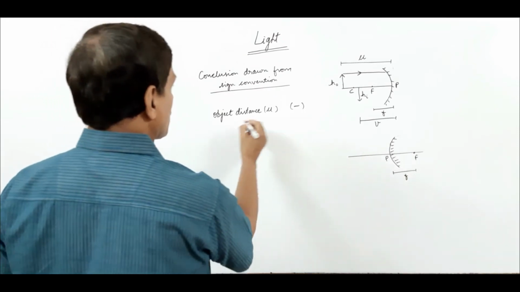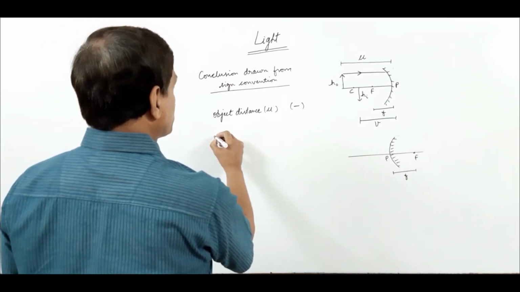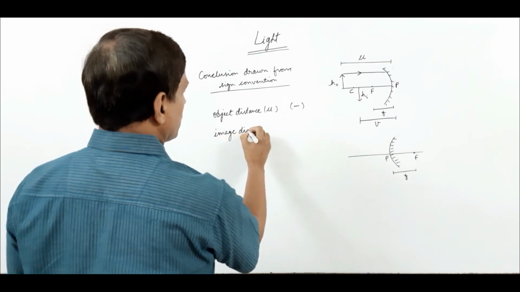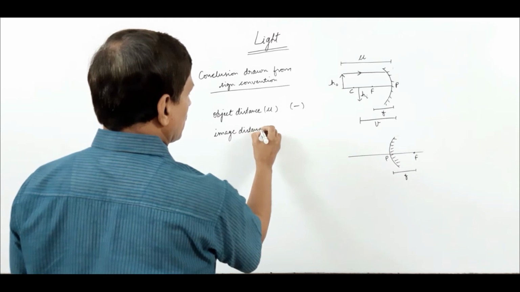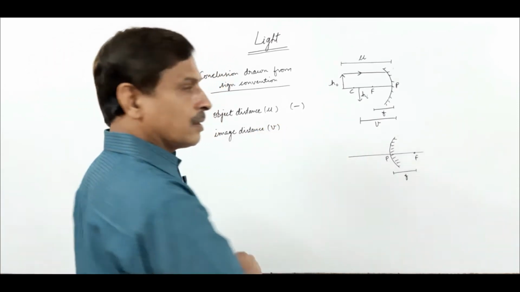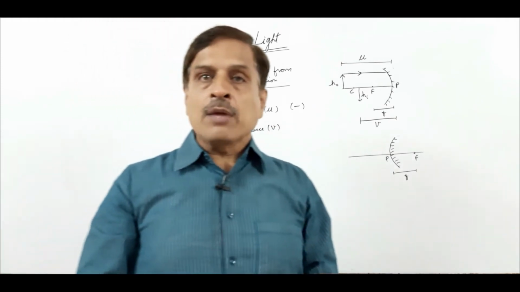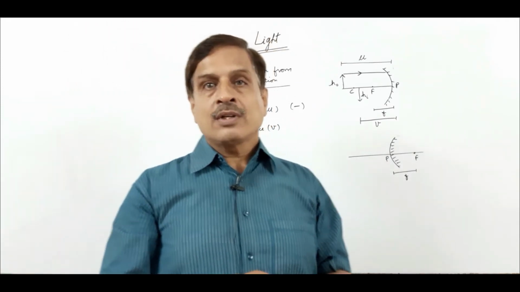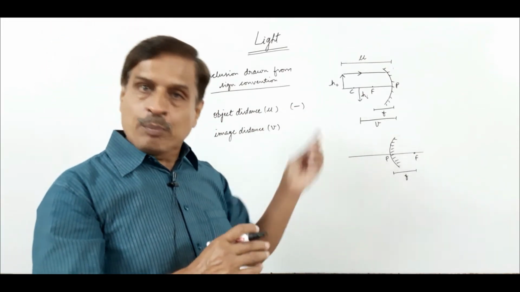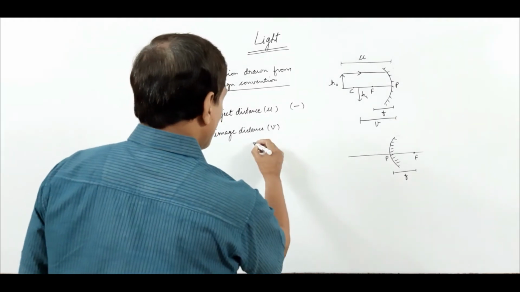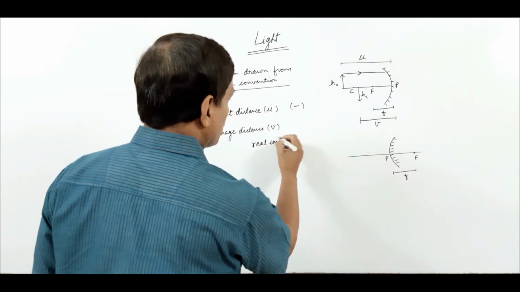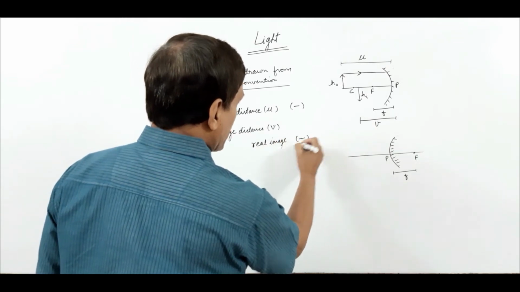Second, the image distance, that is V. For real images, which are formed on the same side, that is on the left side of the mirror, it is taken to be negative.